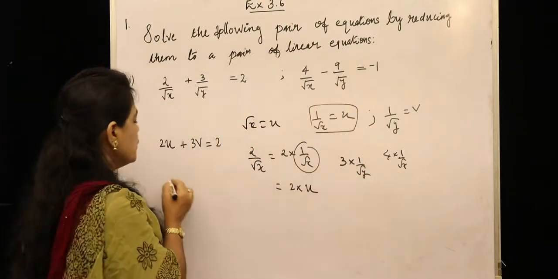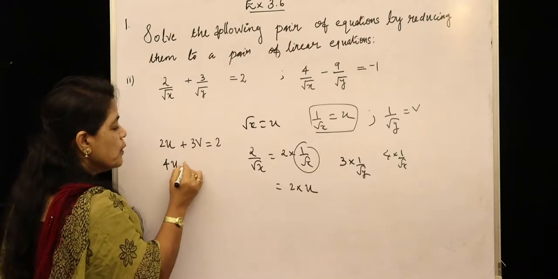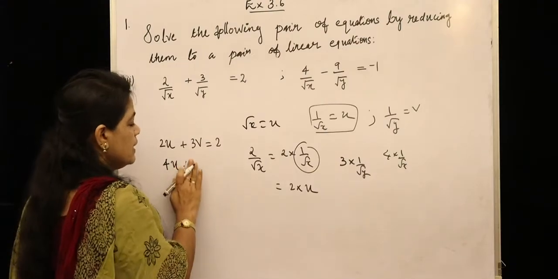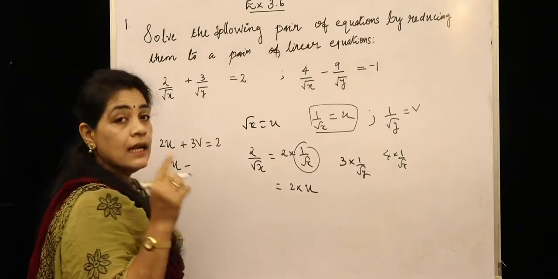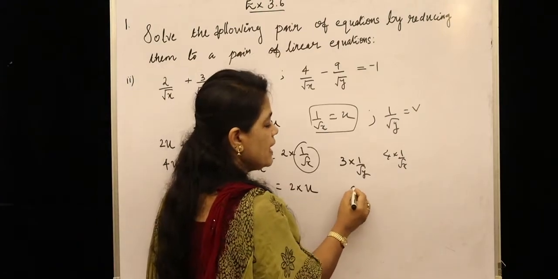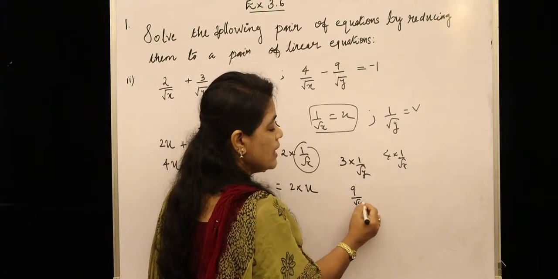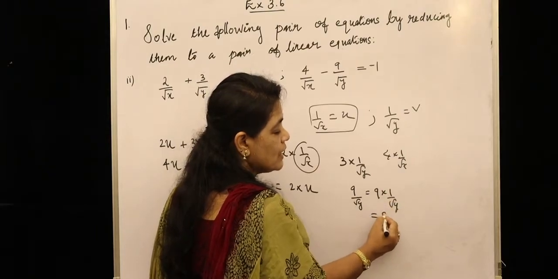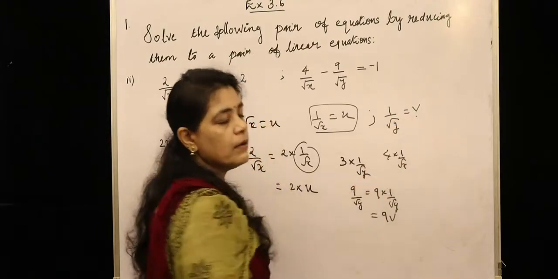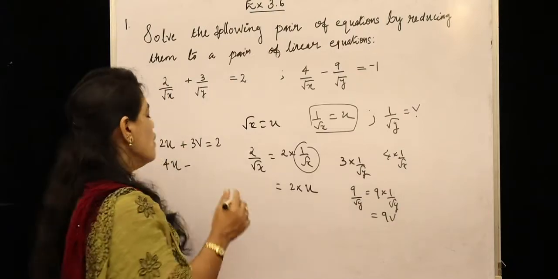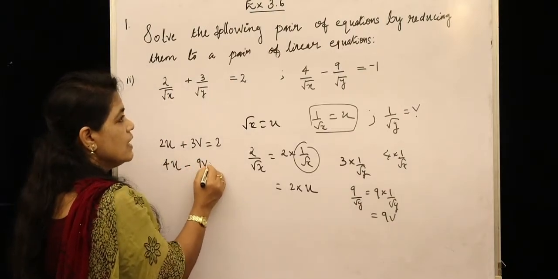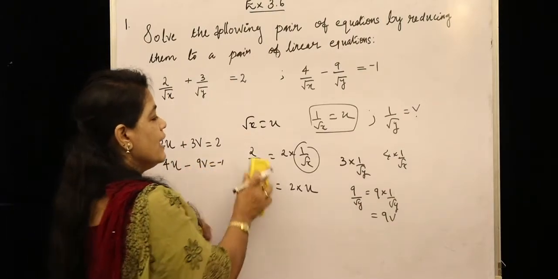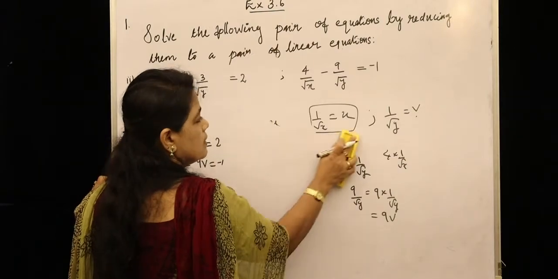So 4u minus 9 by root y. 9 by root y is 9 into 1 by root y, or 9v. 1 by root y is v. So minus 9v is equal to negative 1.